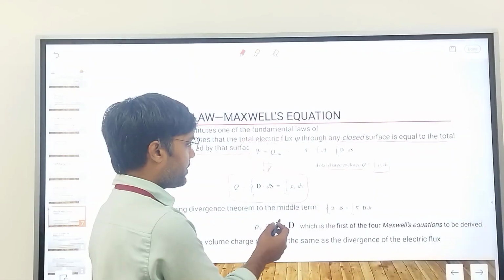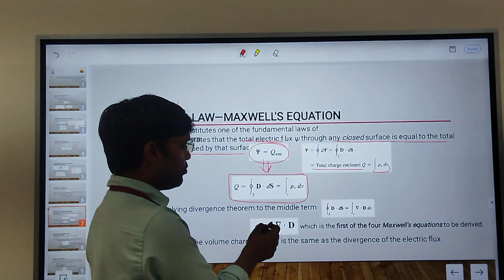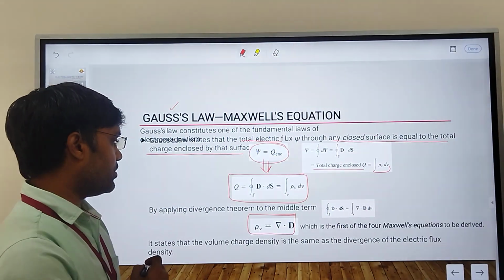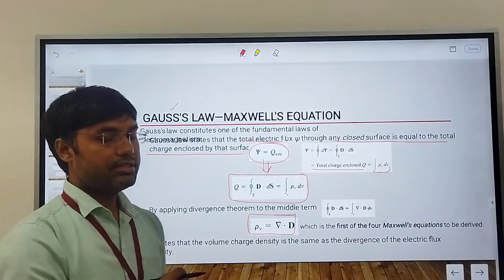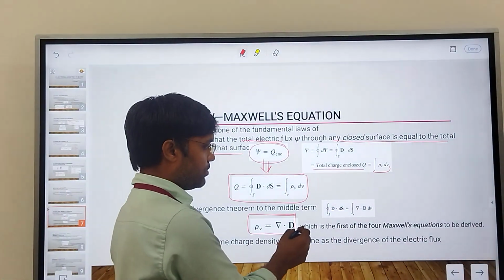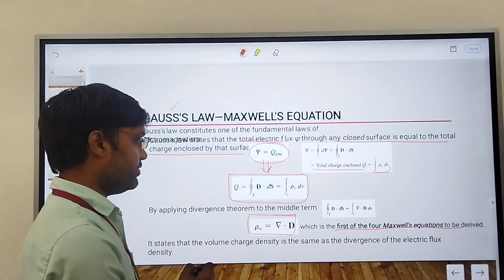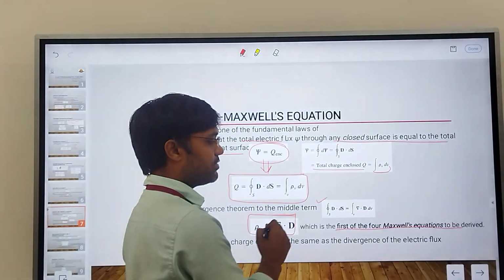In general, if we equate it in point form, we can say that the volume charge density is equal to del dot D, the divergence of D. This is Maxwell's first equation. This is the integral form of Maxwell's first equation.